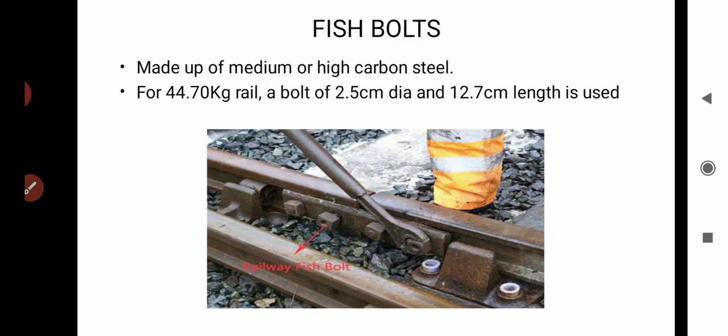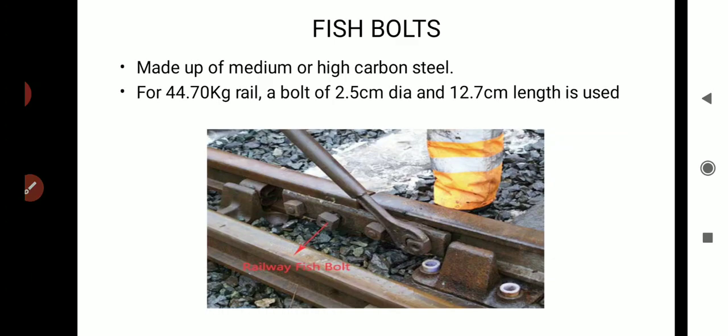Generally holes are drilled through plates and the web of rails, and then face bolts and nuts are provided in these holes. For the fitting, holes are made of larger diameter, generally 5 mm to 6 mm, to allow expansion and contraction. But these bolts get loose due to traffic variations, so they require tightening from time to time.